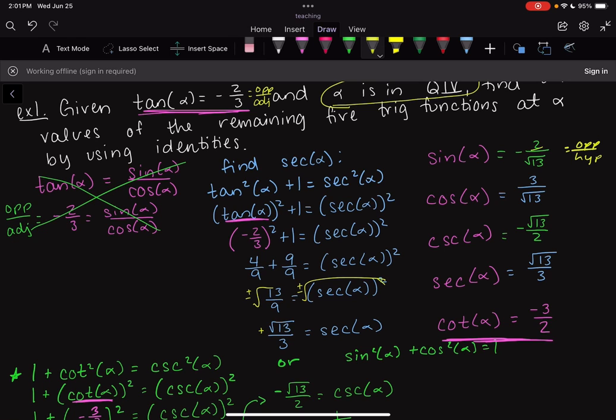My root 13 is my hypotenuse. Cosine is adjacent over hypotenuse, so my adjacent side was 3. I see my hypotenuse is the same for sine and cosine. It's square root 13. So you can check yourself a little bit by understanding the relationship of the triangle with the trig functions.